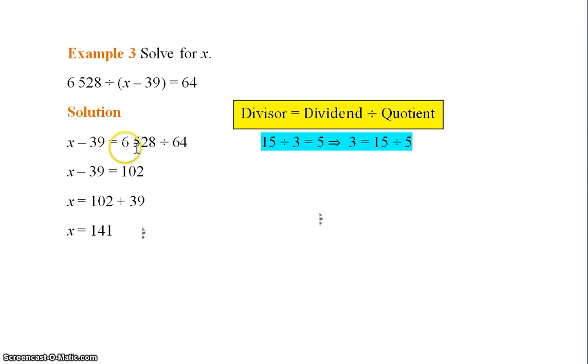We divide 6,528 by 64. The result is 102. Now we isolate x: we move 39 with plus to the right side of the equation, and we add 102 and 39. The result is 141. This is the solution of our equation.